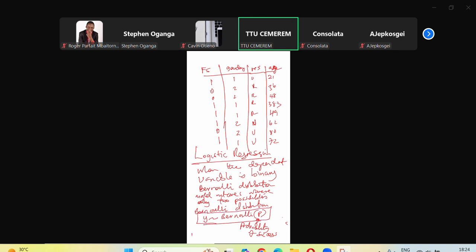Yes. The long form is that P of y is written as P of y equals p raised to the power y, into bracket 1 minus p raised to the power 1 minus y. Is that okay? Yes. Remember, p is the probability of success, one of the outcomes. Remember, we said that there are only two outcomes in a Bernoulli. So you usually define one of them as a success. Is that okay? Yes.